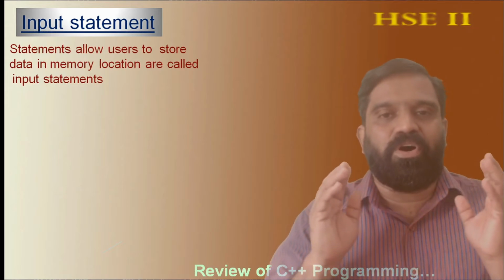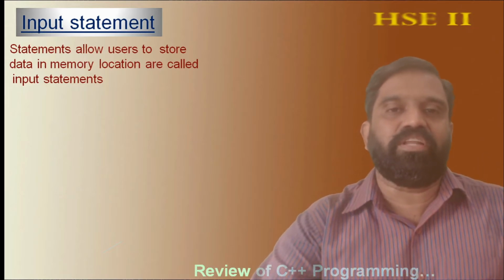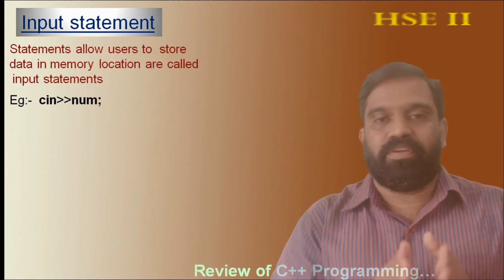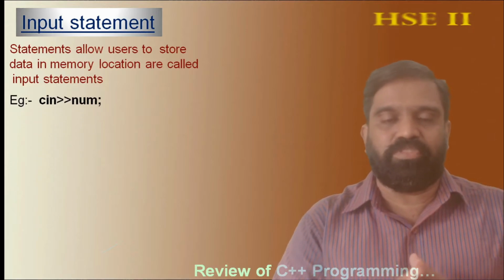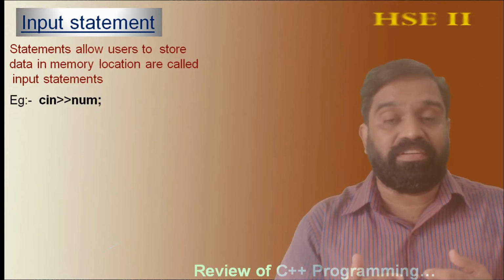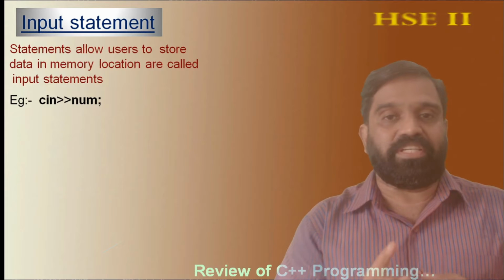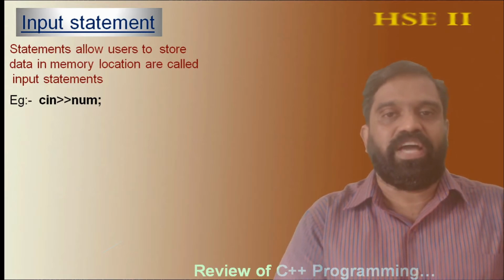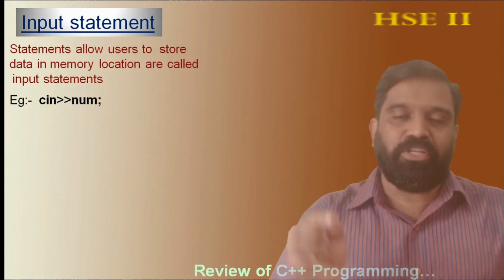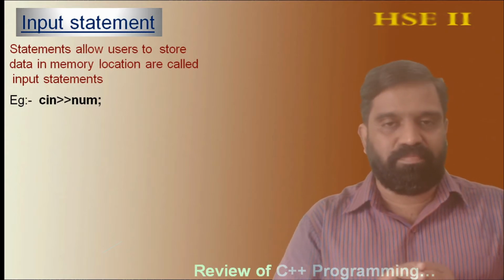So an example for an input statement: cin represents the input object, and the get-from operator is the operator that controls the operation of accepting the data and storing it into the variable.